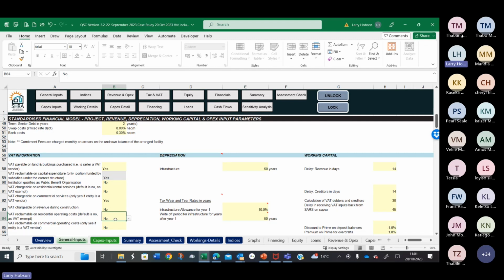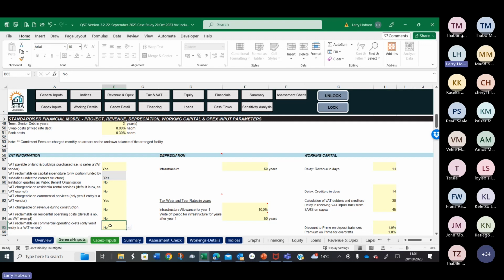VAT reclaimable on residential operating costs? No, we're not going to be able to reclaim once we've done the development, because our VAT claim is related to the zero rating of the grant. It's not related to our operations as a residential rental landlord.